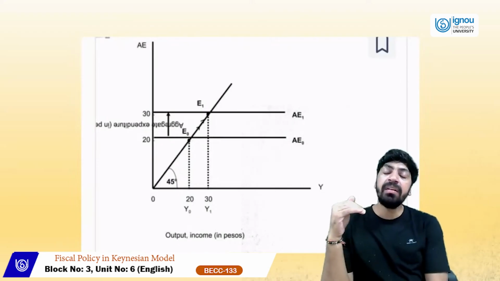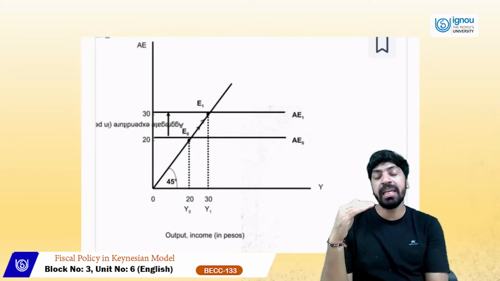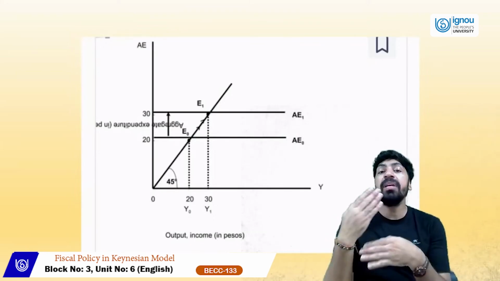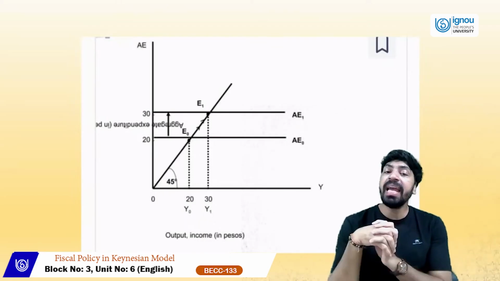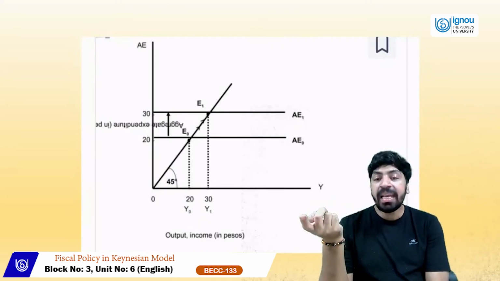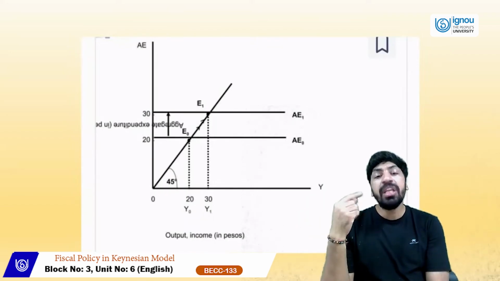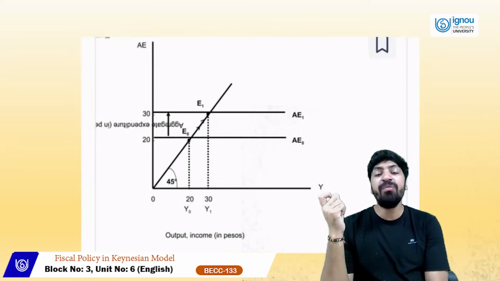So when aggregate expenditure increases, it will shift upward. A new equilibrium point will emerge when the 45-degree angle line intersects the new aggregate expenditure line, that is AE1, and the new equilibrium point is E1.